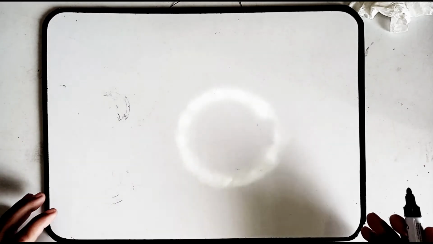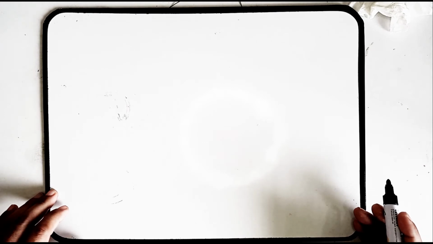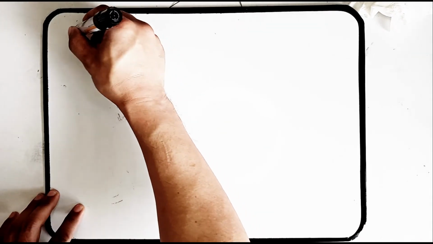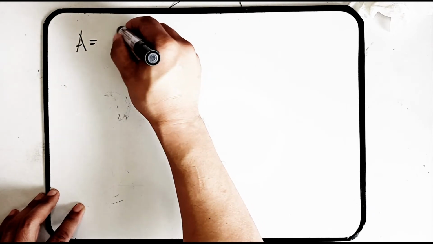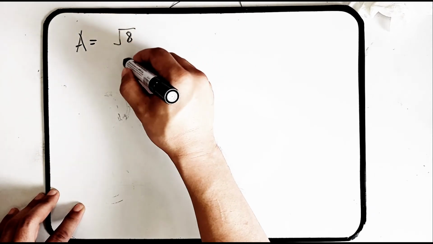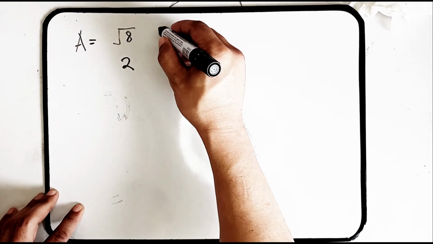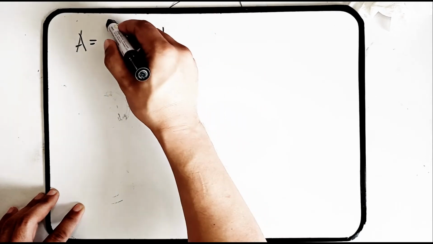Okay, so for the last example, let's consider this given. For our a, let's say we have the square root of 8, 2, and then 0, 1, and 0.